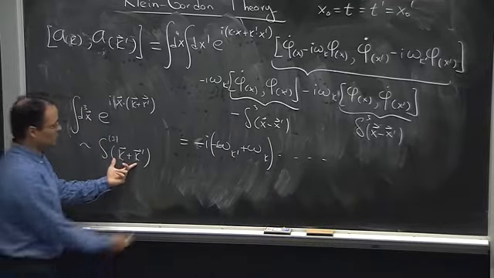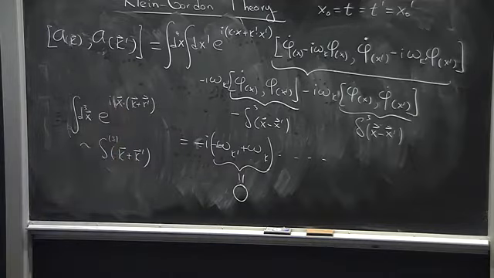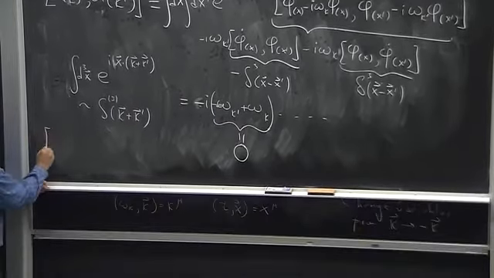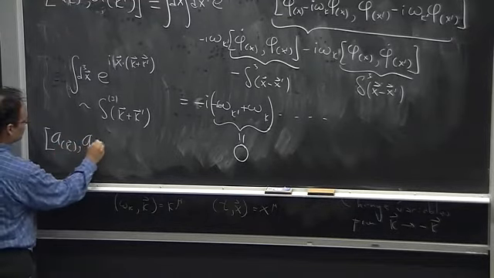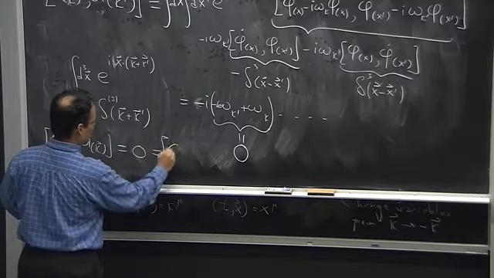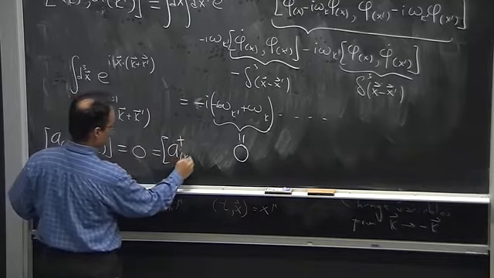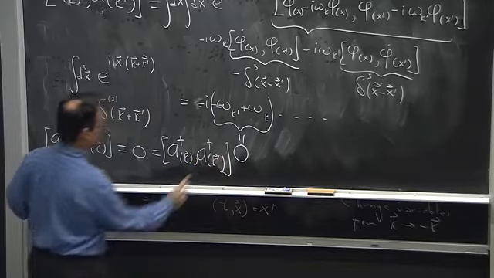But on the support of this delta function, this is equal to 0. Okay? So we just learned from this little exercise that these two operators are indeed behaving as we expected. And the same calculation will show that these operators behave in the same way.